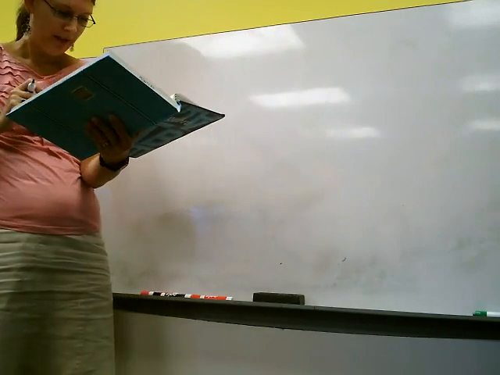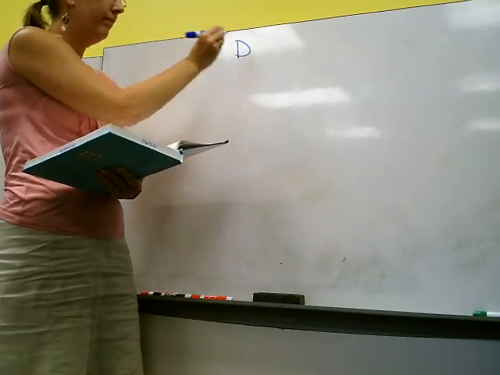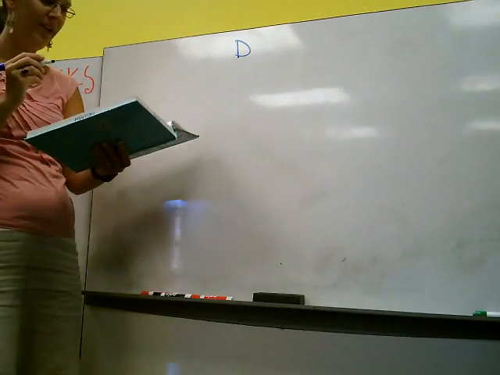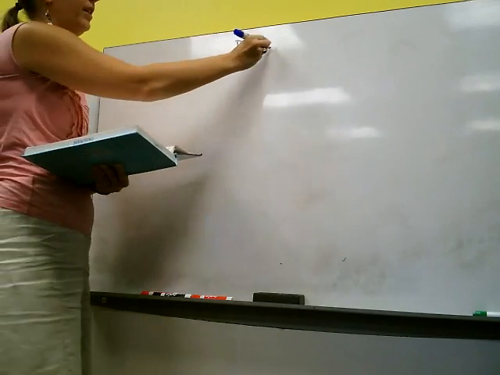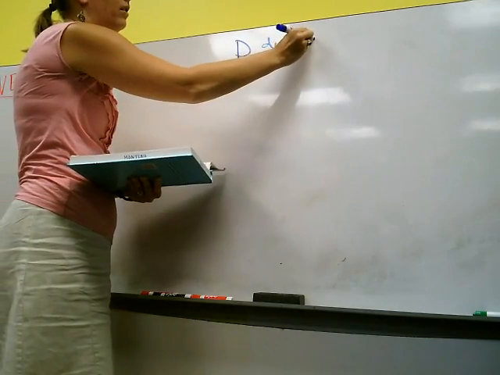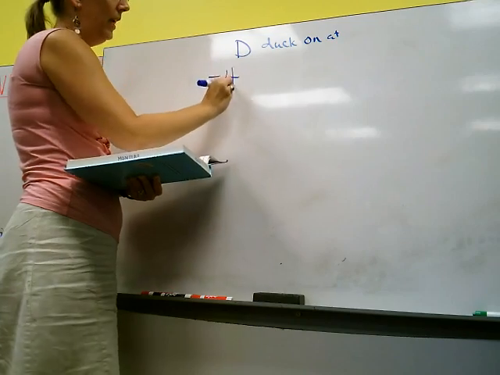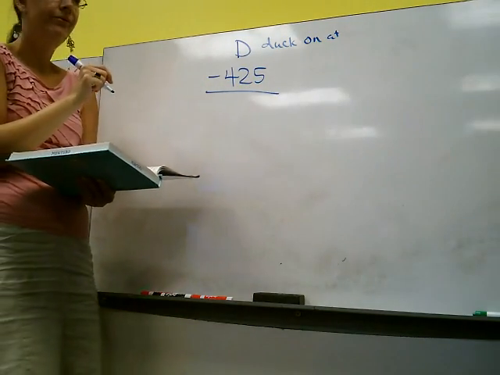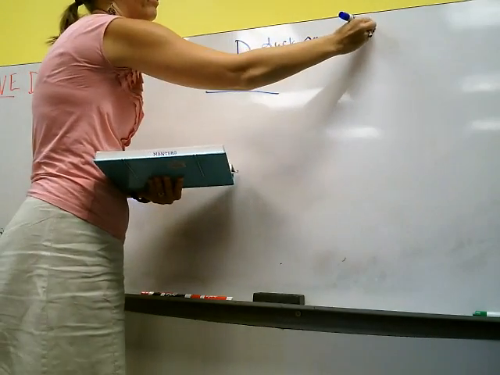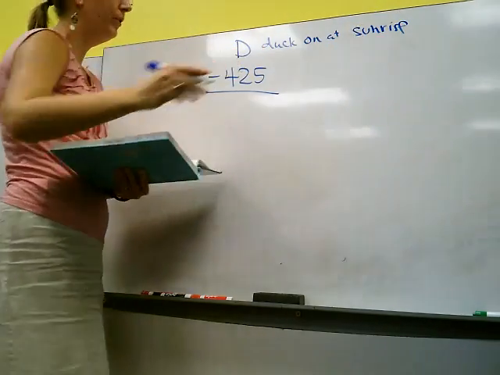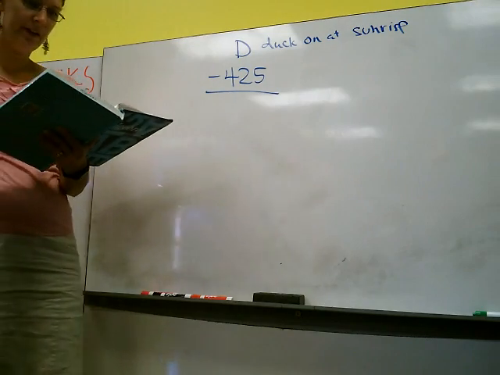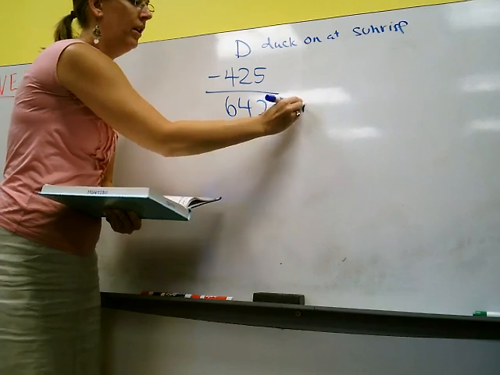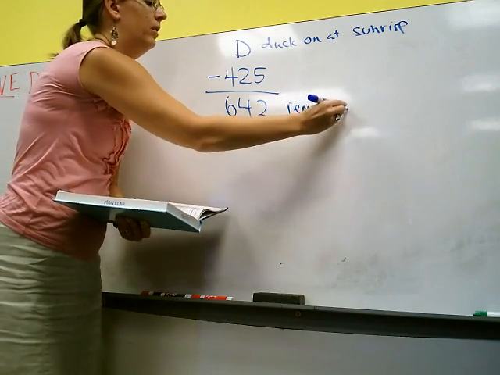D is our number of ducks, that's our unknown, how many we started with, ducks on the pond at sunrise. Minus 425. What does minus 425 mean in words? 425 flew away. Good. How many were left? 642 ducks remaining. All right, so how are we going to solve?